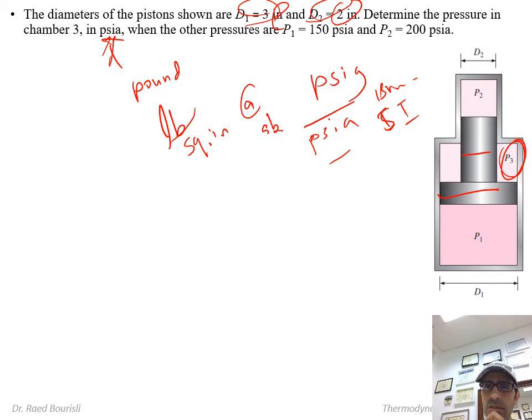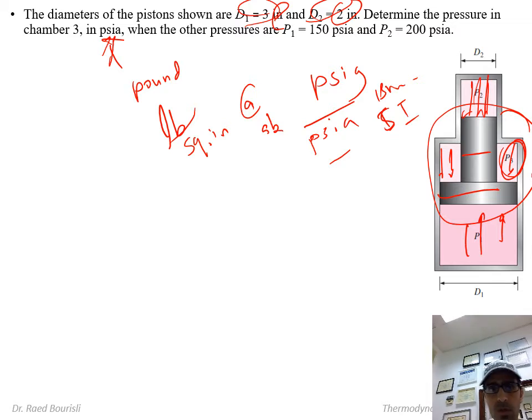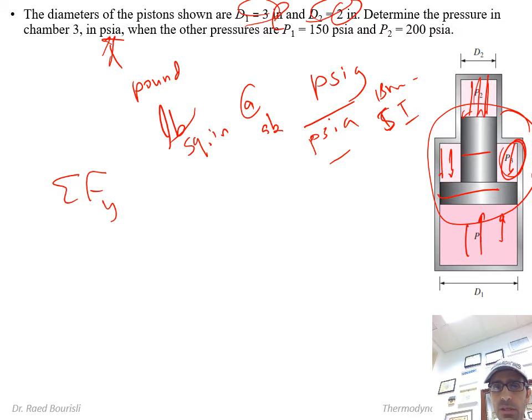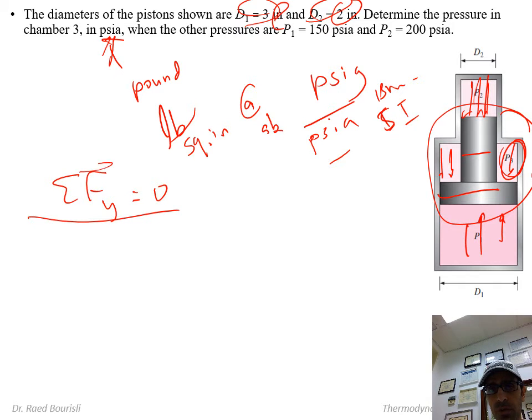The idea here is that this is in equilibrium, so we know that the forces here and the forces here are the same. If you do a summation of forces in the y direction, and this is stationary, this will be 0.